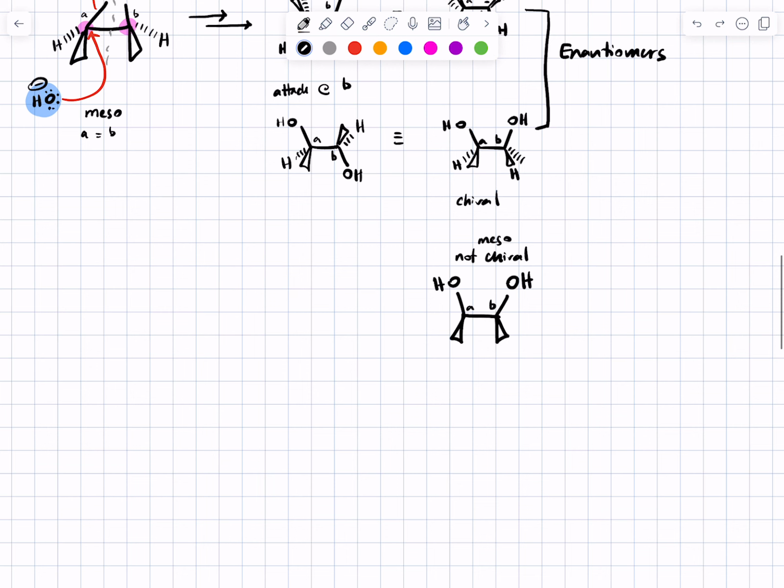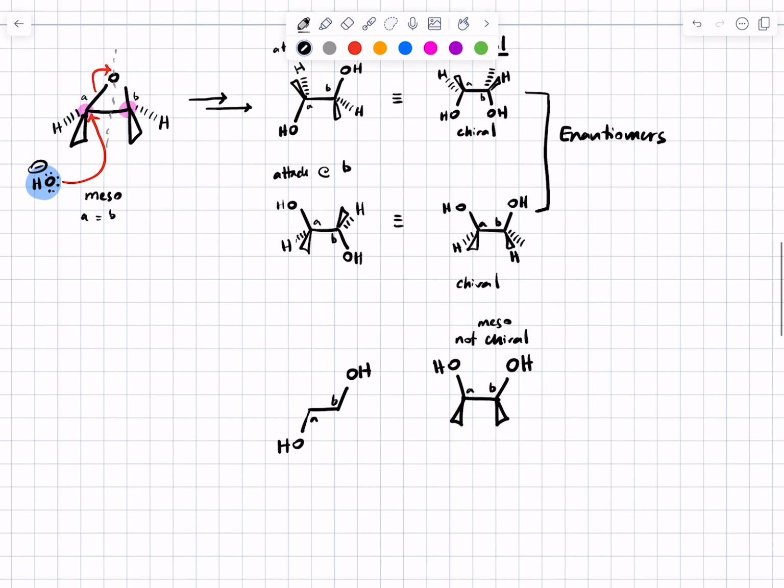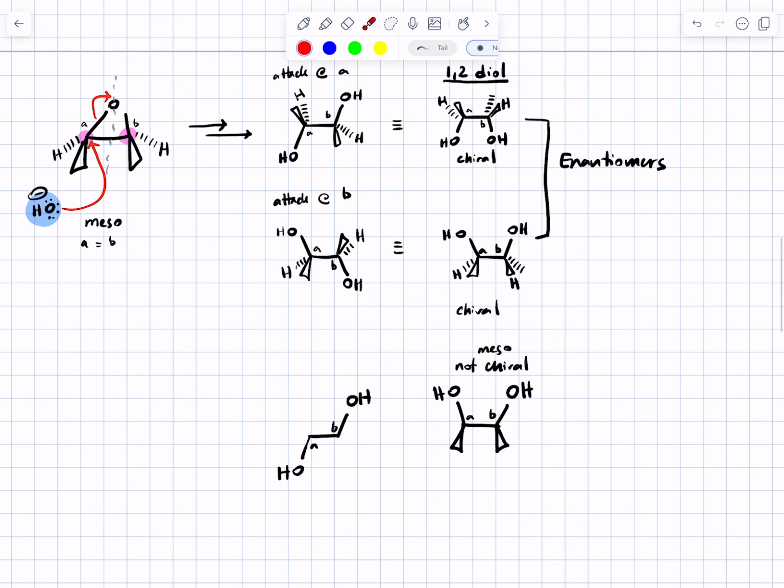So the first thing you do before trying to think backwards too much is you want to draw the molecule as it would have appeared immediately after backside attack. So I'm going to arrange things so that the OH on carbon A and the OH on carbon B are pointing in opposite directions, because that's what we did before to show that backside attack had happened.